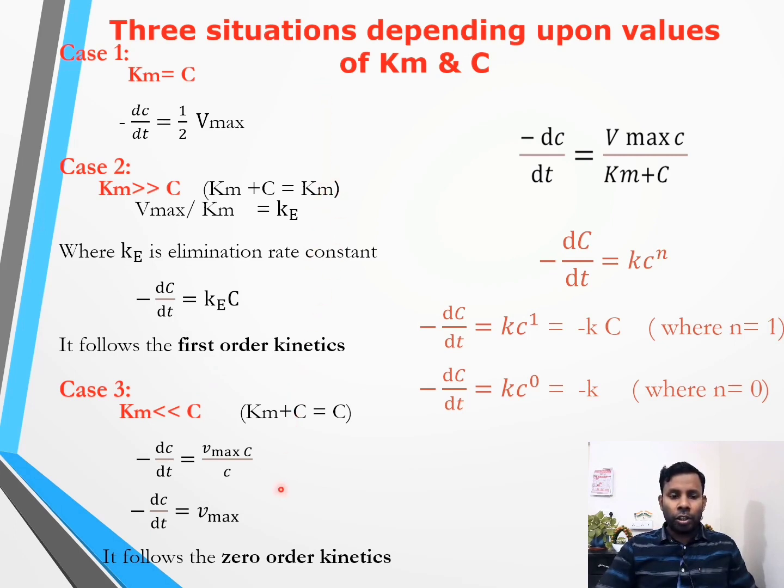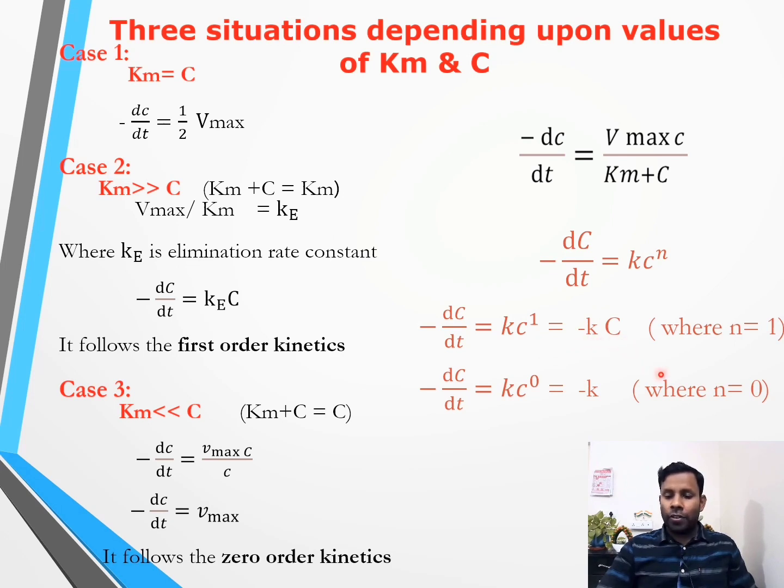Before going to that, let me tell what we mean by the order of a reaction. This formula is the general formula for the order of a reaction: minus dC by dt is equal to KC to the power n, where n is the order of the reaction. In case of a first order reaction, n will be 1. So in that case, minus dC by dt will be equal to KC to the power 1, meaning minus KC.